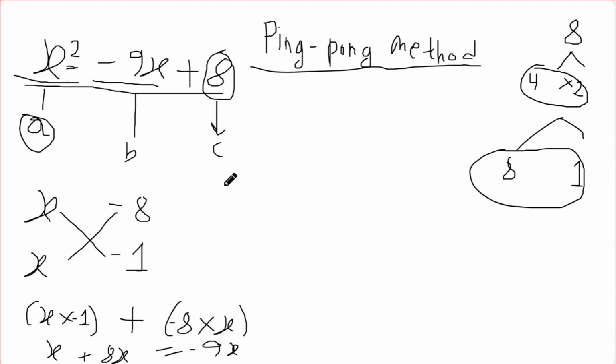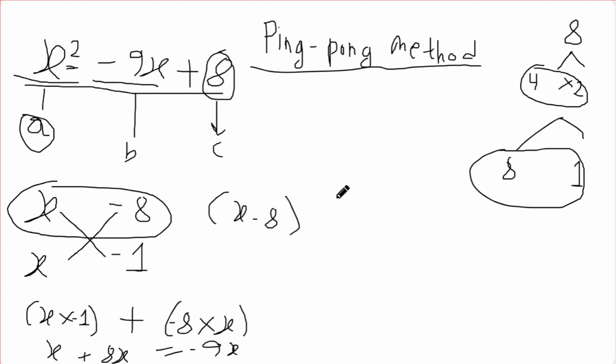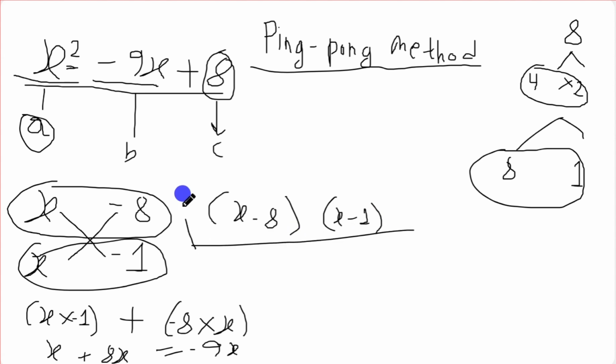And what is the final answer? The factorization form. So take the first pair and write it somewhere else, x minus 8. Then take the second pair and write it beside the first pair. And this is your factorization form answer.